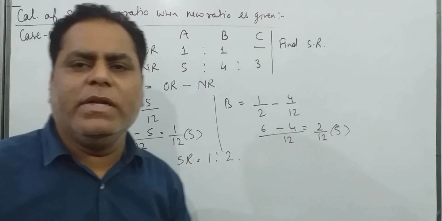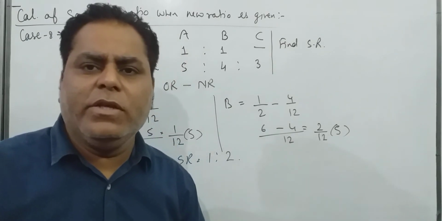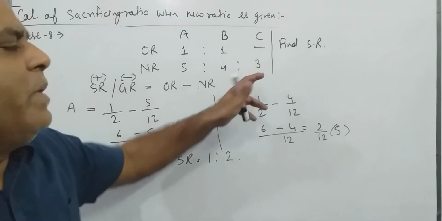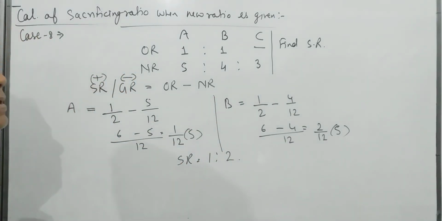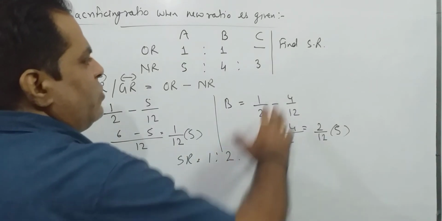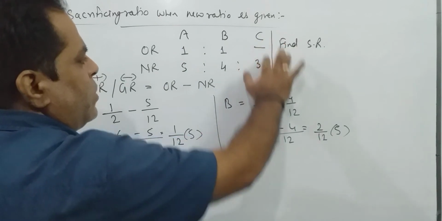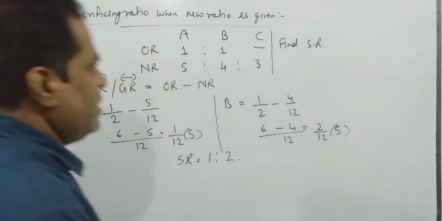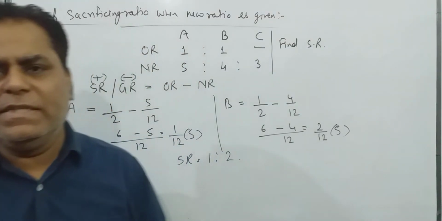Whenever you are studying the calculation of sacrificing ratio or gaining ratio, never determine the gaining ratio or sacrificing ratio for the new partner, because the new partner is always a gainer. You have to calculate the sacrificing ratio and gaining ratio always for the old partners, not for the new partner, because the new partner is always a gainer. So I have now explained all my 4 cases in this video.